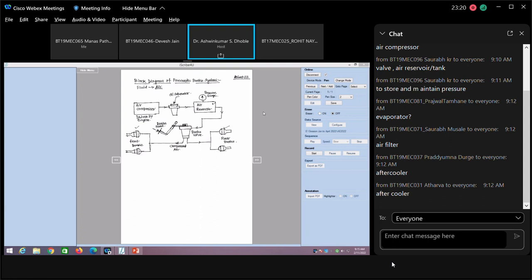Now the compressed air is coming from the air compressor and getting filtered in the oil separator. Usually this unit is called FRL, that means filter, regulator and lubricator unit, which is used in most pneumatic systems. But here there is no need to regulate the air pressure because the pneumatic valve is there.